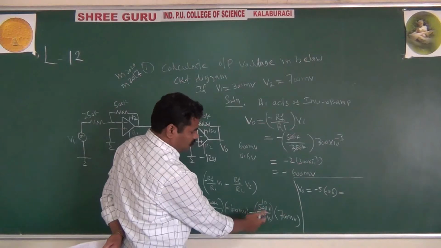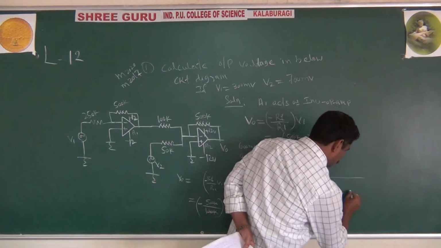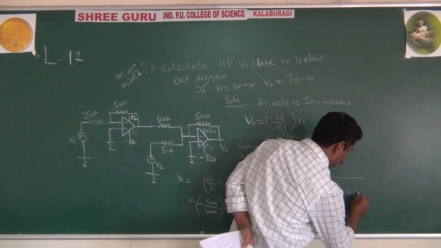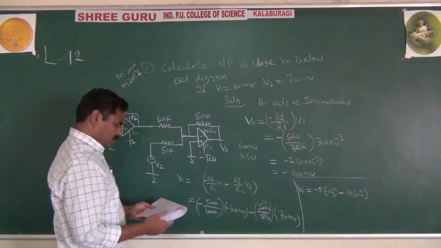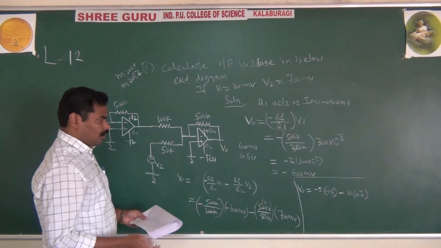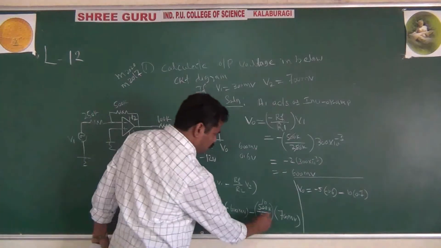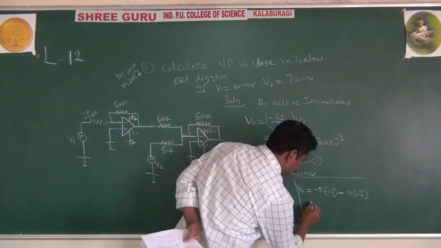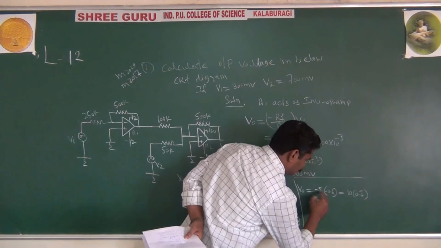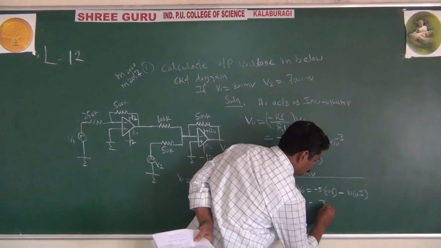Here 500 by 50 is 10, into 0.7. Then simplifying, minus into minus gives plus, 5 into 0.6 is 3.